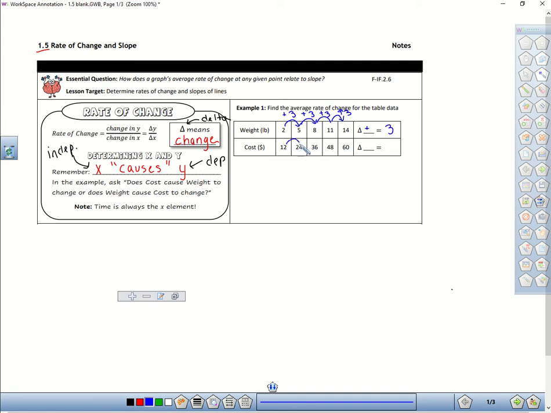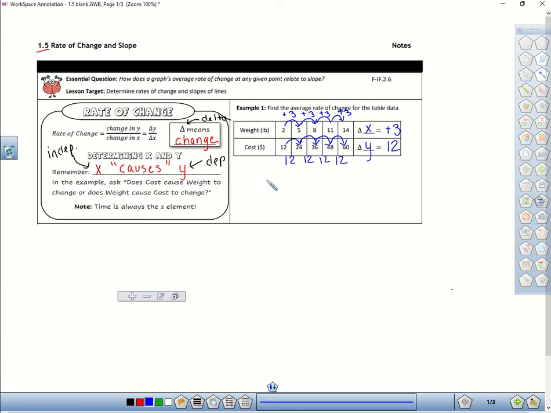And over here, for my cost, I think it wants you to put x. The change in x is plus 3. And here, each time, we're adding 12, as you can see. So my change in y is 12. Like I said, if you're pricing something, you're going to be pricing it based on the weight, and the cost will be dependent on the weight.